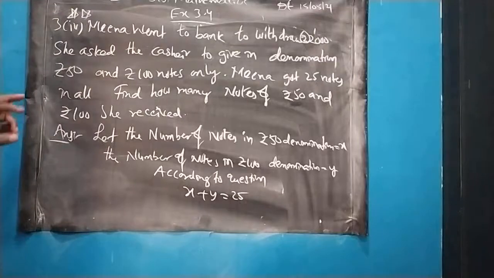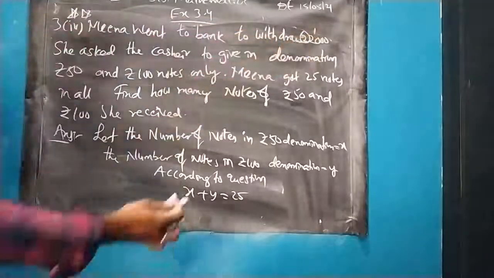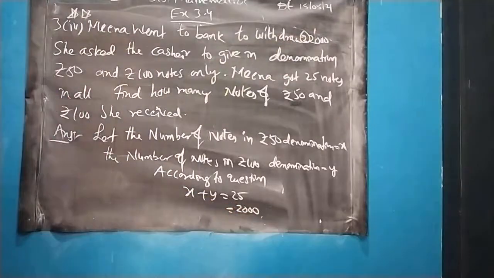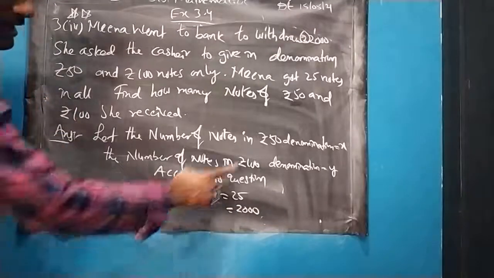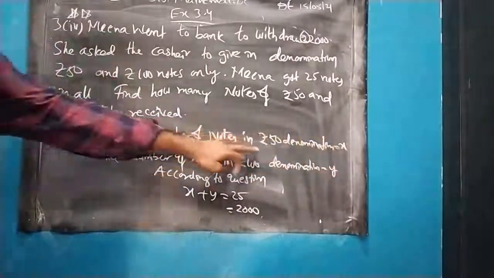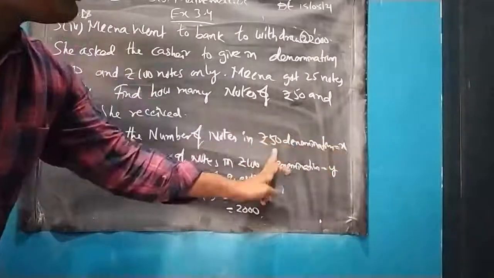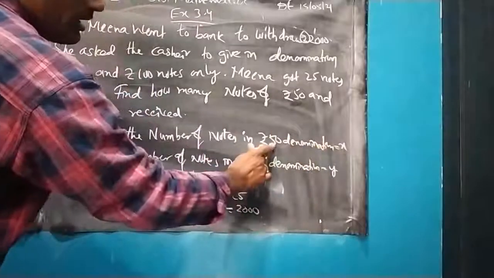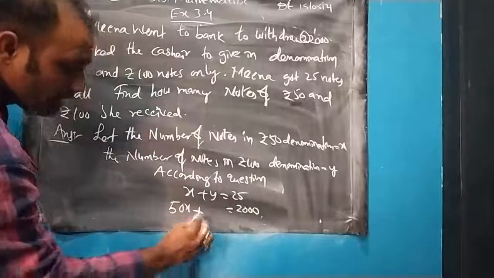Now coming to the second equation, how many rupees do we want here? 2000 rupees. This is total money. How are we going to get the 2000 rupees? We have 50 rupees notes, x of them. If I am getting 1 note, it is 50 into 1, 50 into 2, 50 into 3, 50 into 4 like that. I don't know how many notes there are, that's why I'll assume it as 50x. Here 100y.